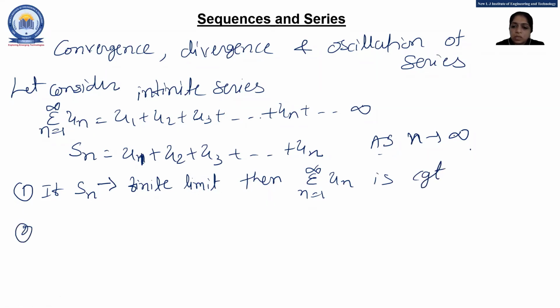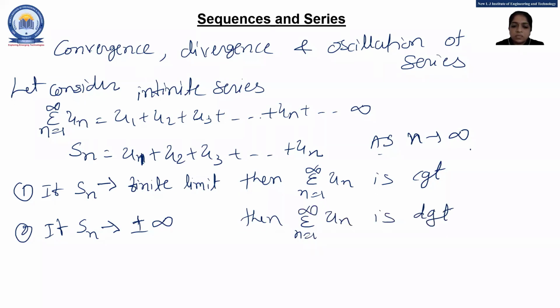Number two, as n tends to infinity, if Sn tends to plus or minus infinity, then summation n equals 1 to infinity of un is divergent.